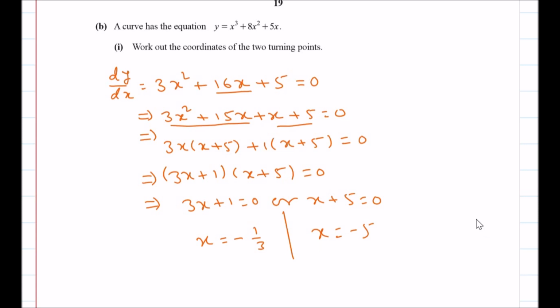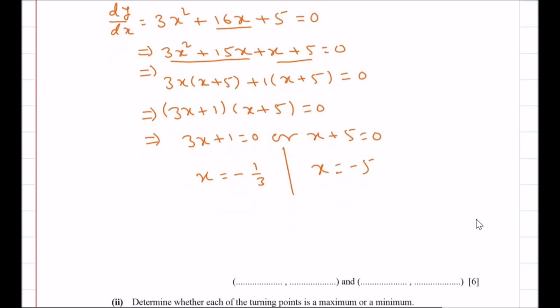We have to find coordinates. That means we need to find y coordinate also. So we'll put x equal to minus 1 by 3 in the curve equation and we'll find y. So we get y equal to minus 22 by 27. And here we get y equal to 50 by putting x equal to minus 5.